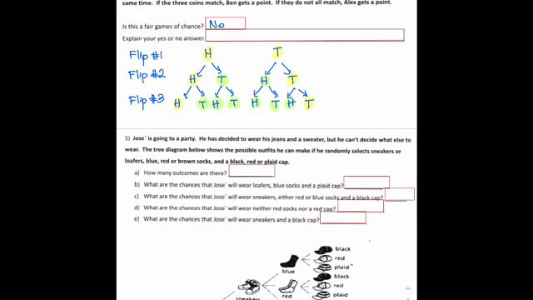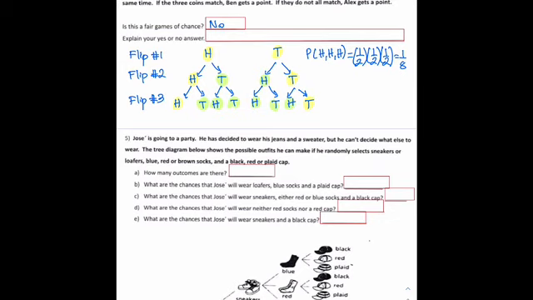Because we have 3 coins, we can use the probability of H will be 1/2 times 1/2 times 1/2, which will be 1/8.